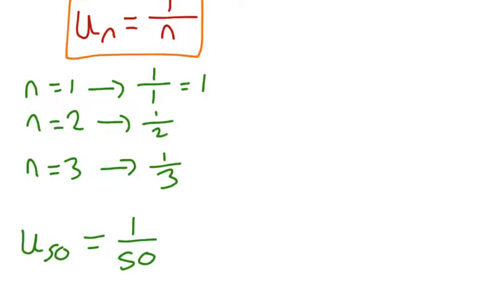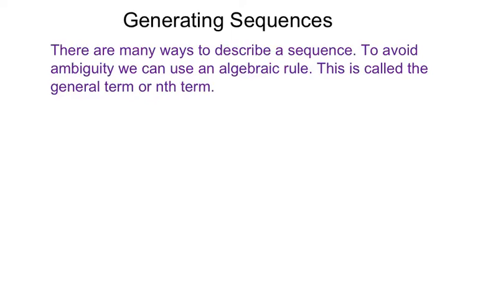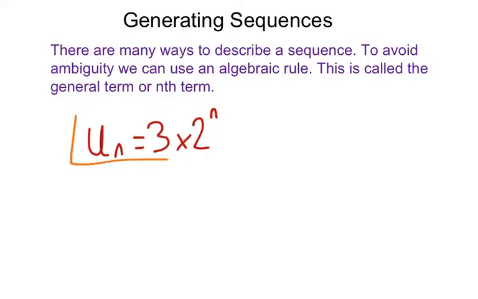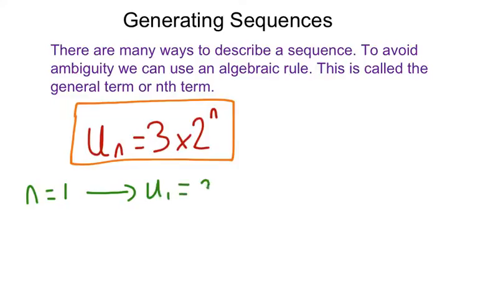One final example then, we can do a general term like un equals 3 times 2 to the power n. So this time n is in the power. But we work in exactly the same way as we have with all the others. If n equals 1, we get u1 is equal to 3 times 2 to the 1, which is 3 times 2, which is 6.